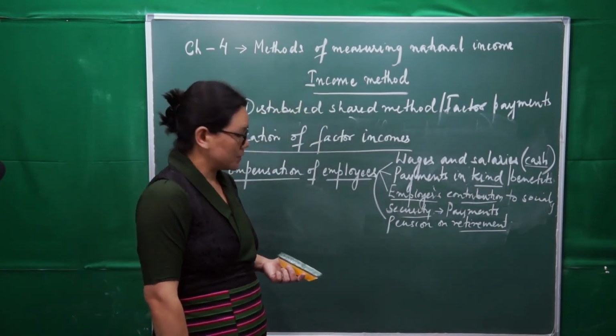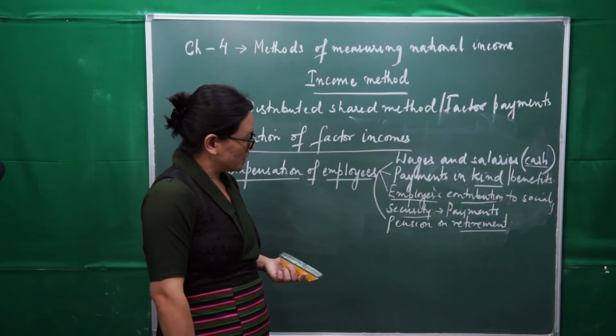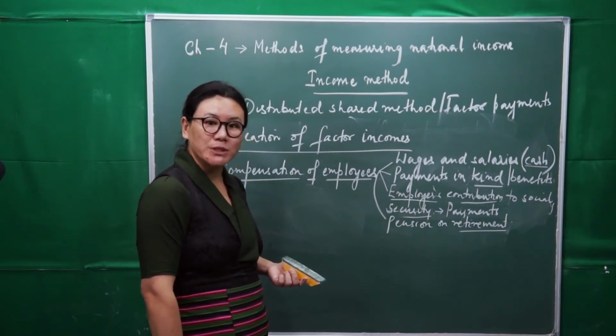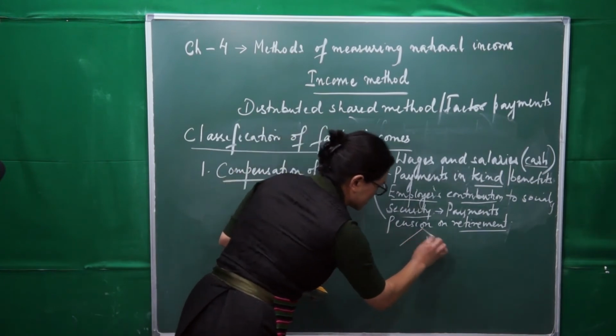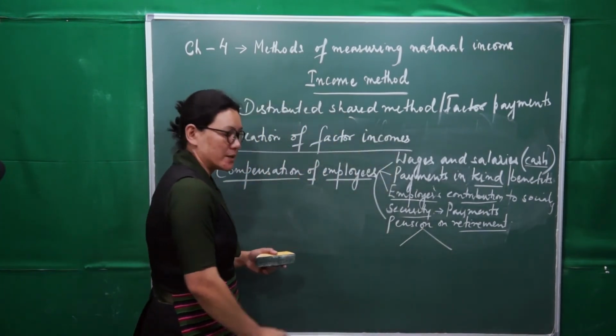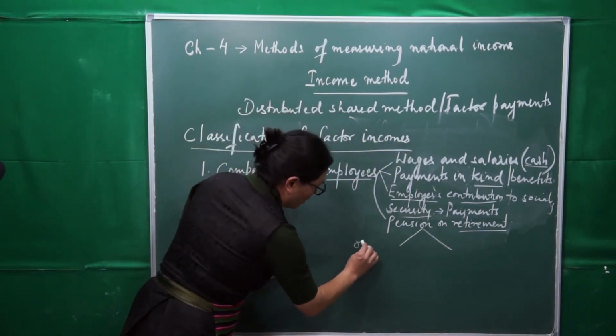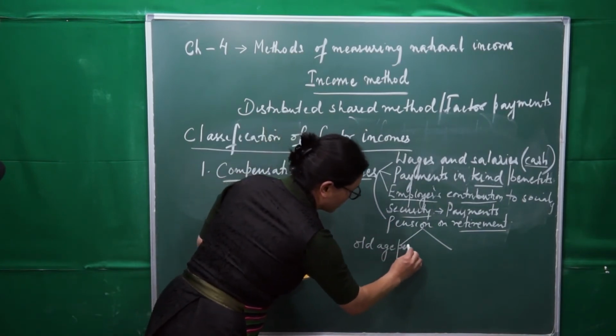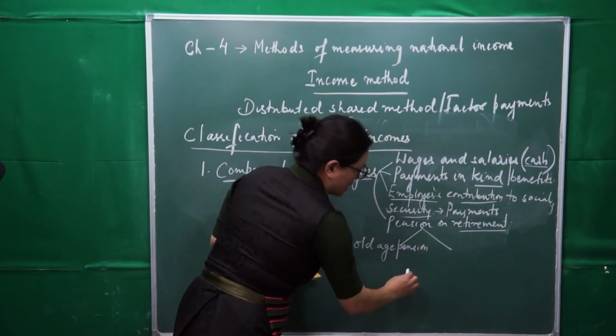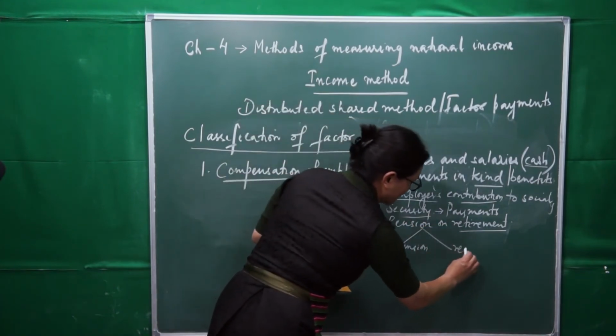Now, under this one, we have to observe these two things. First one is we have old age pension. Another one is retirement pension.